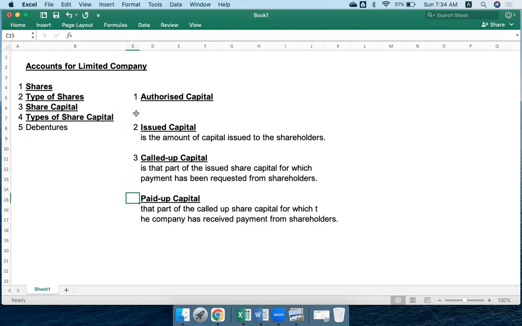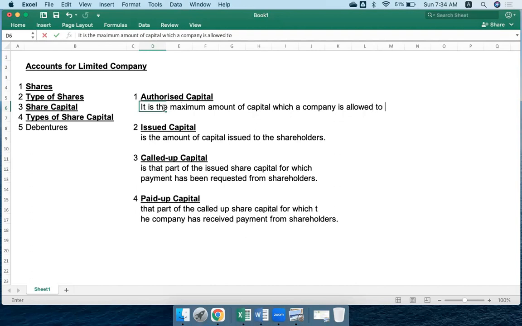Can you repeat that? Because I didn't write it down. Yeah, no problem. Authorized capital is the maximum amount of capital which a company is allowed to raise from the market by issuing shares.